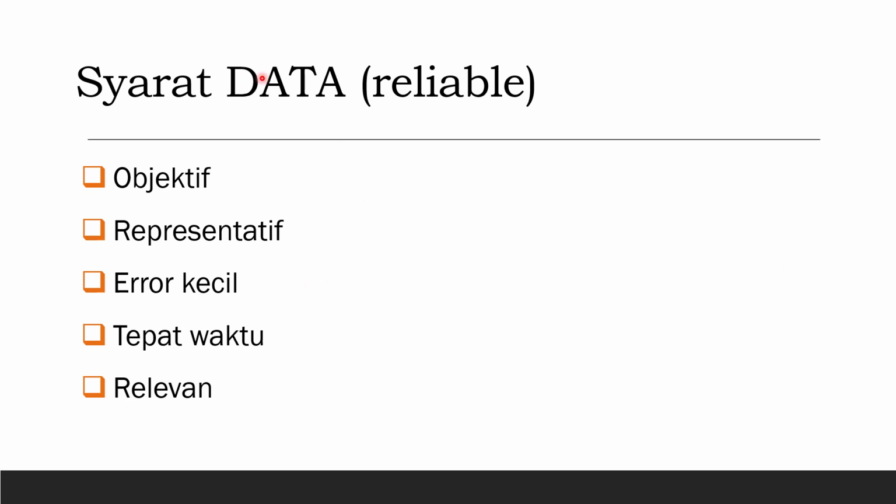Okay, now, because we discussed previously that statistics is all about data, you should also know the requirements for data. The first one is the data should be objective based on the object of our study. Secondly, the data should be representative of the population or the object of the study. And also, in terms of error, we should minimize the number of errors.